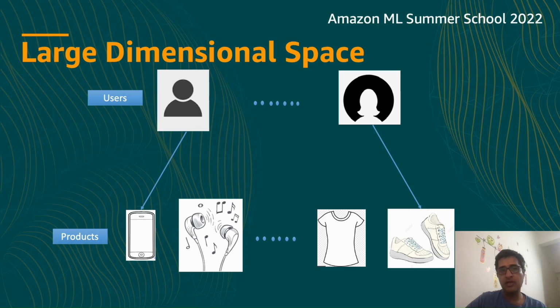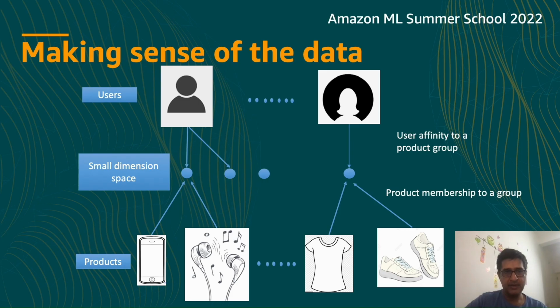Your original space itself is very, very high dimensional. How do you reduce the dimension of that space to be able to learn something useful out of it? So essentially you take your users and map them onto a smaller dimensional space, you take your products and map them onto another smaller dimensional space. Now the users and products interact with each other on this smaller dimensional space.